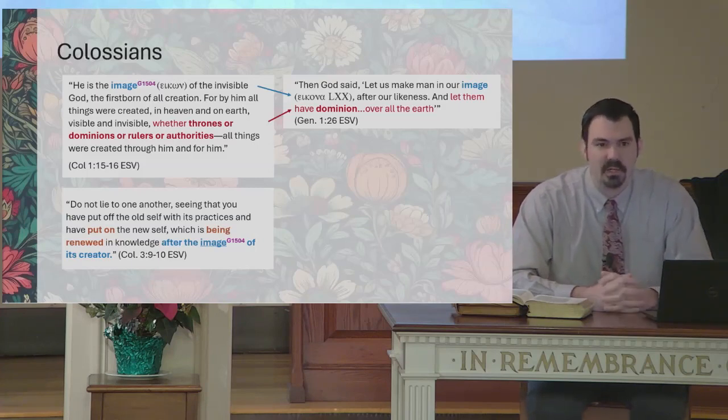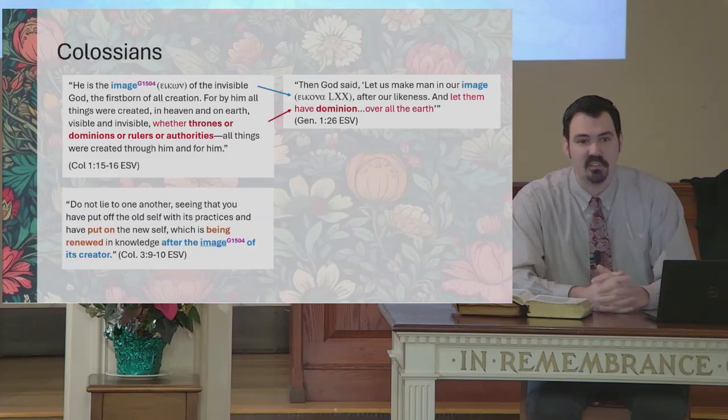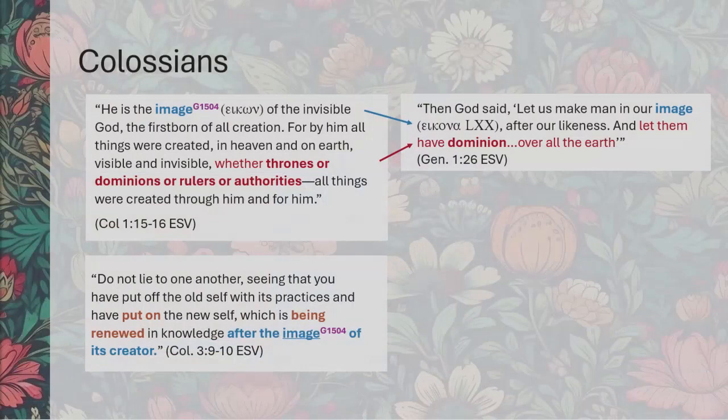Regardless, to get back to the image and likeness thing, we're not talking about physical representations of God. We're not even talking about the divine nature. We're talking about really practical, relatable things that Jesus teaches us to do. In Colossians 3, looking at how we are being renewed in knowledge after the image of its creator, he keeps saying, put on, be renewed.